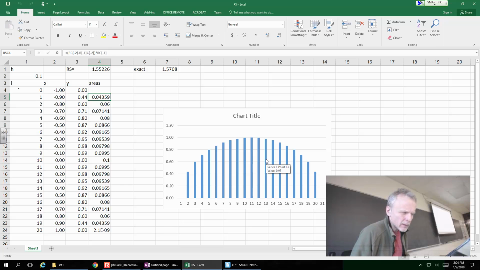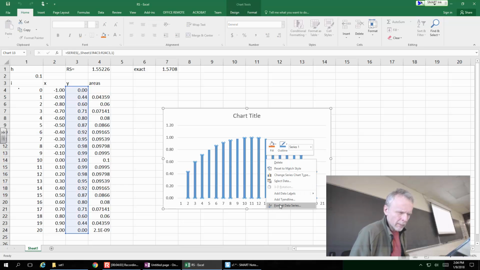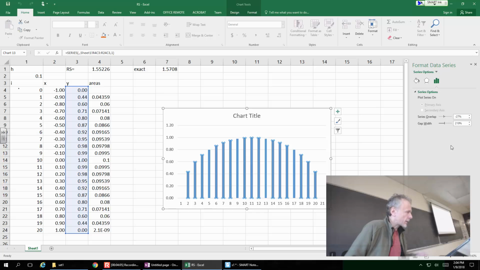In fact, let me try. I think there is a way to have a better illustration of this. I'm trying to make them wider.